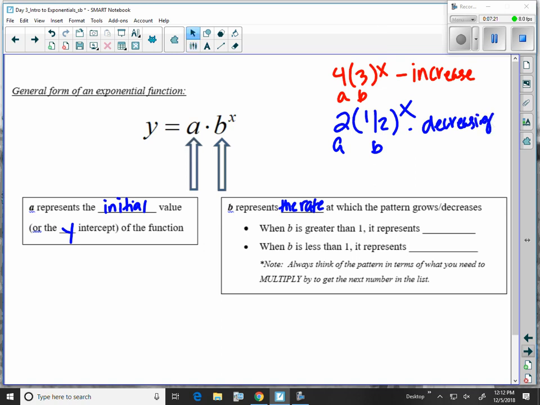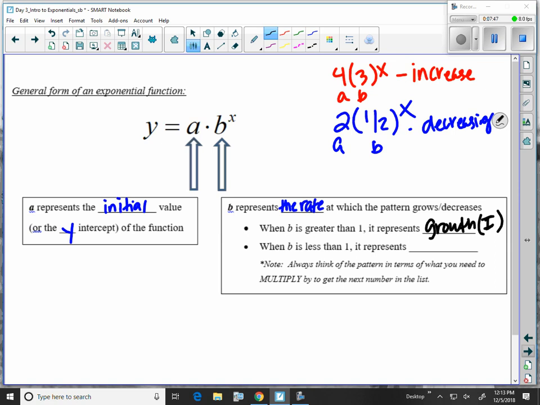Okay, so there's actually a tie to what's going on here. When b is greater than 1, it represents growth, or you could put increasing. Growth, increase, same thing. So when b is bigger than 1, example 3, because that was increasing, yeah?